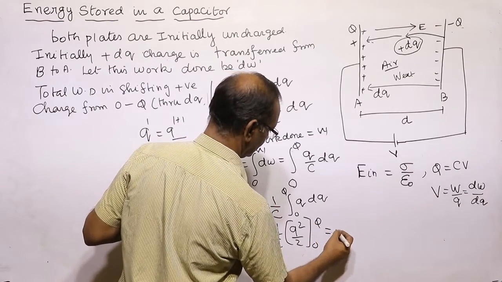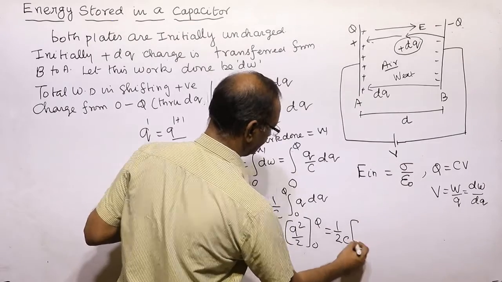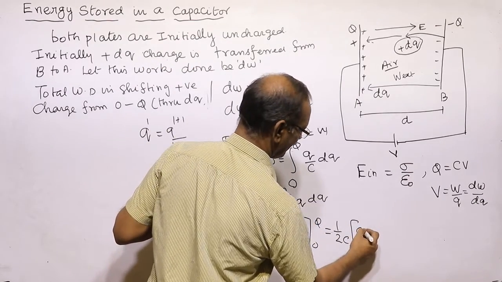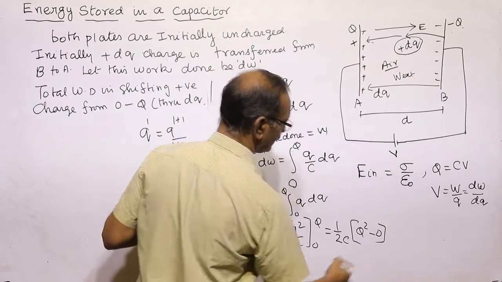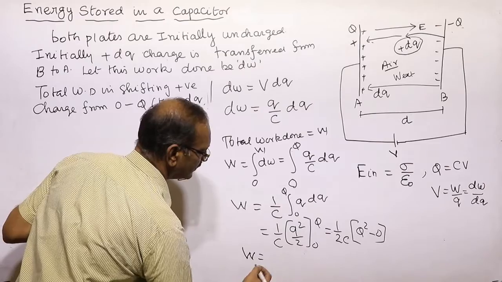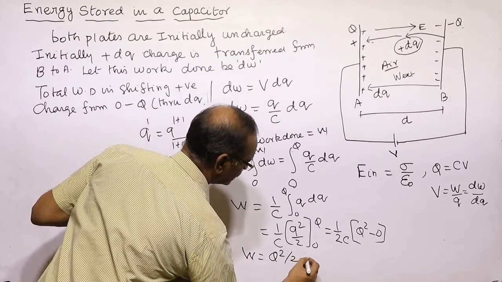Taking the 2 outside, we get 1 by 2C into, first applying the upper limit Q, Q square, then applying the lower limit 0. It means the work done is Q square by 2C.